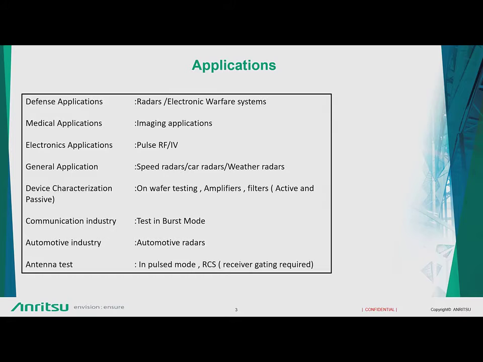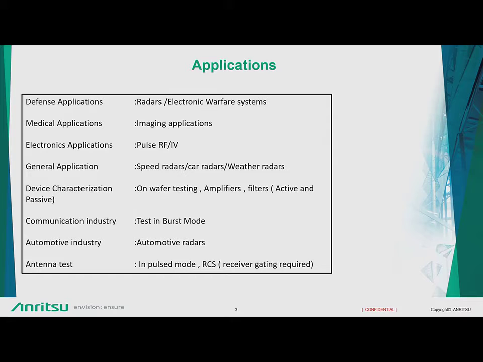In the communication industry also, you have to do some tests in the burst mode. What burst mode basically is, is that you send a lot of small bursty signals to your device under test, and then you analyze the response that the device has on these input bursts.